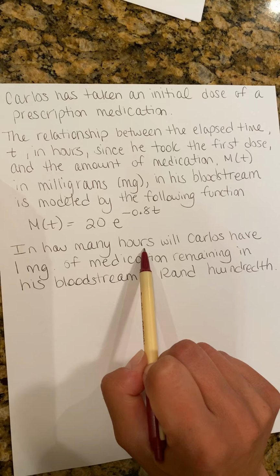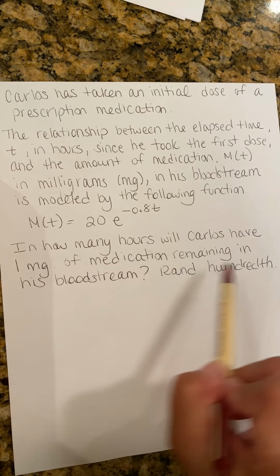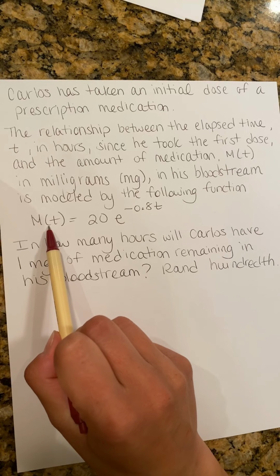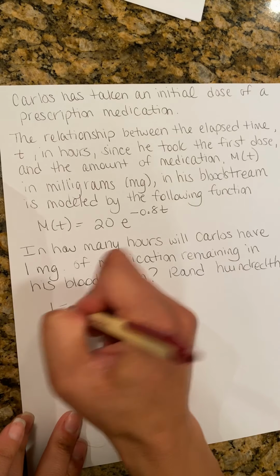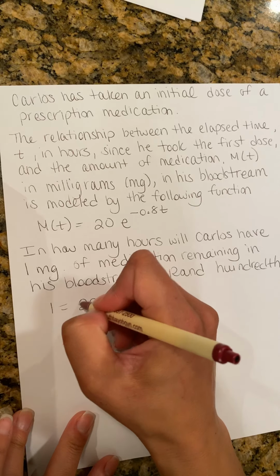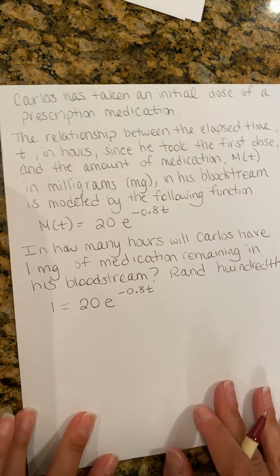In how many hours, so that means we're solving for t again, will Carlos have 1 milligram of medication left in his bloodstream? So that means our m of t is the amount of medication. We're going to replace it with a 1. So 1 equals 20 times e raised to the negative 0.8t.